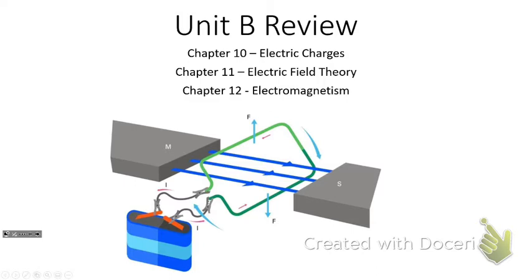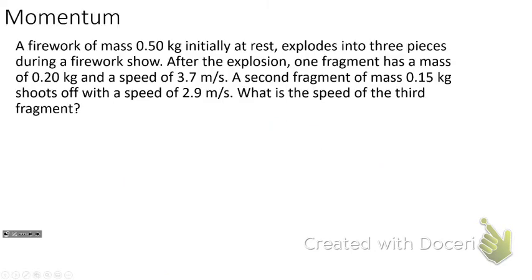Chapter 11 was electric field theory, where we had resistance, current, and some voltages, and also accelerating charges when they're entering parallel charge plates, to name a couple. And the last chapter we just finished was electromagnetism, the relationship between electricity and magnetism.